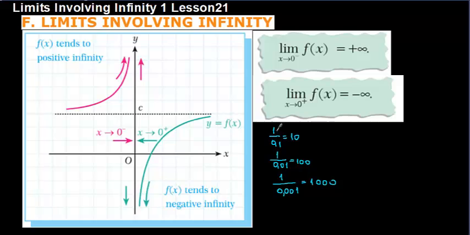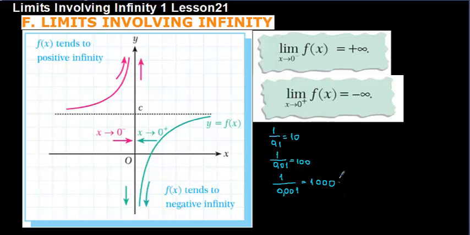And as you see, the number in the denominator is decreasing. 0.01 is a very small number, and 0.001 is smaller than 0.01. When you decrease the number at the denominator, you are increasing the value of the rational number.